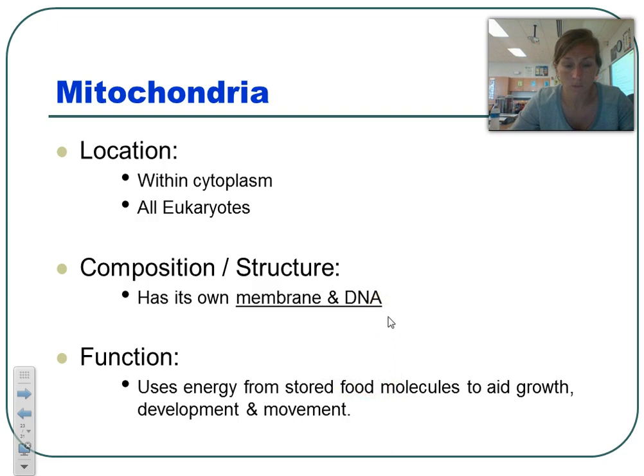Like I told you when we were talking about the chloroplast, it's the 2nd membrane-bound organelle and has its own DNA. Its function is to use energy from stored food molecules to aid in growth, development, and movement. Remember, these are usually identified as the powerhouses of the cell because they help to power the organism itself.